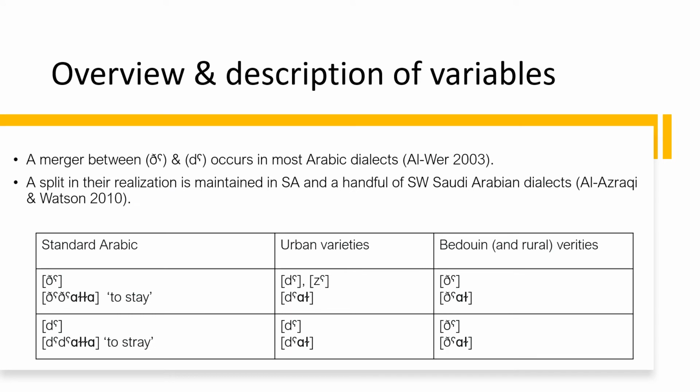So what is the relationship between these two variables, and how does their map of variation, so to speak, look like in modern Arabic, both the standard and dialects? According to Alware 2003, a merger between the two variables occurs in the majority of Arabic dialects.